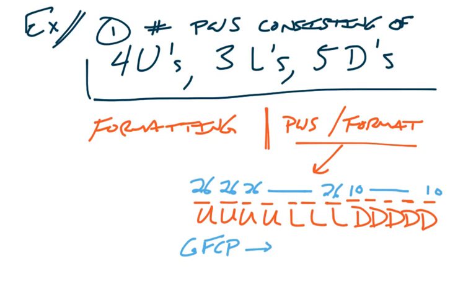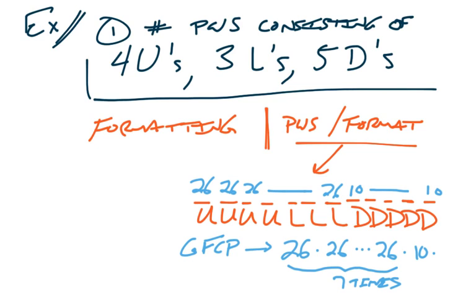And we have this many options for each thing, so that's going to be 26 times 26 times 26. How many times? That's 4 uppercase and 3 lowercase, so that's 7 times. Then we're going to multiply that by 10 times 10, and this is 5 times.